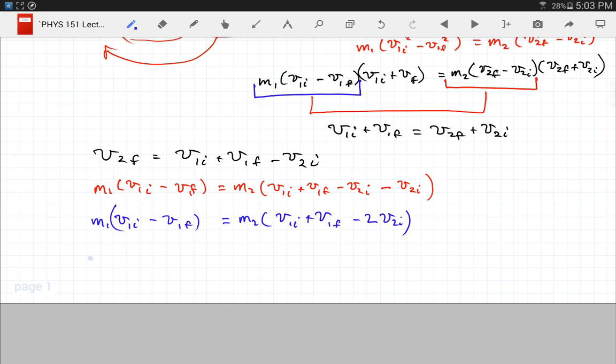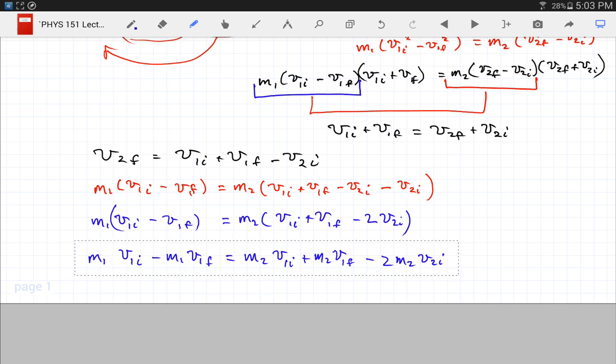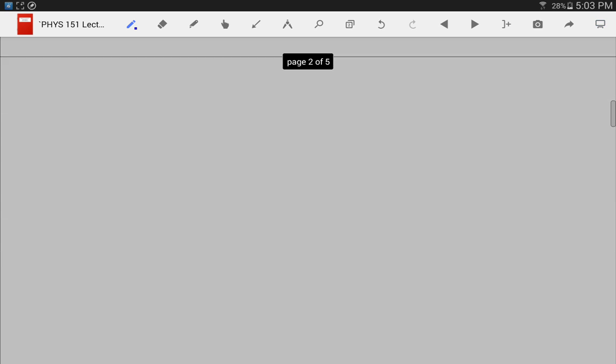So I'm going to have first expanding. There I've expanded, and now I need to rearrange things. Now I've got to go to the next page, so I'm just going to copy this and go ahead and go to the next page and paste it.